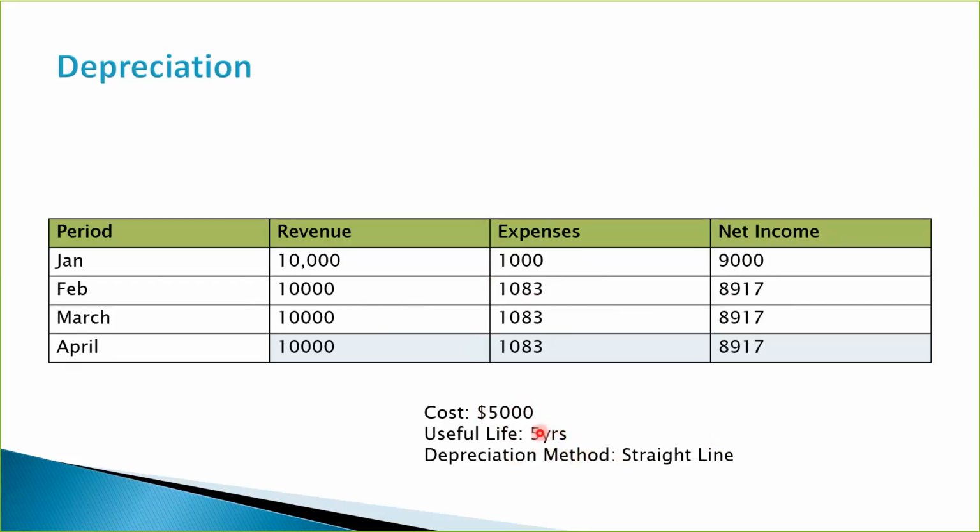So 1,000 every year, and then 1,000 divided by 12, assuming they're using this monthly period, you get around $83. Okay, so every period they are going to be deducting $83 as a depreciation expense. Okay, and now this is what their figures will look like. They acquire the vehicle in February, so the first depreciation expense you can say is generated in February, and it's $83.